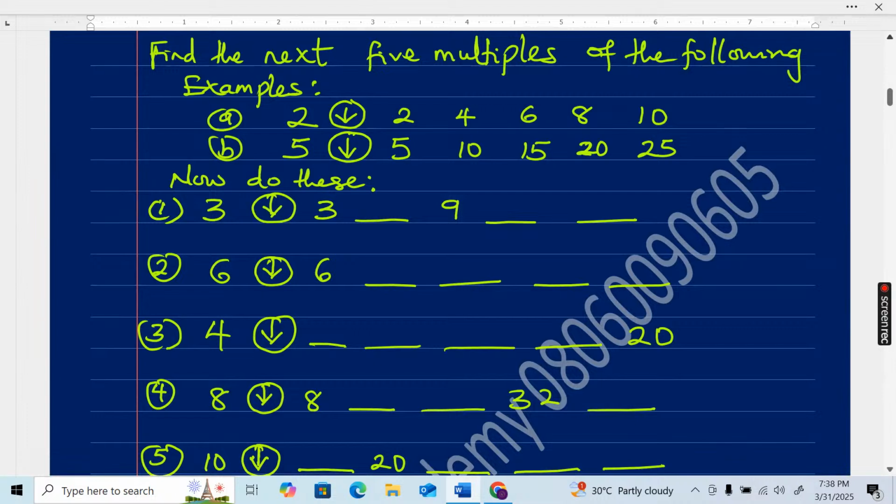So just study the sample and think about how it was done. All right? Handwriting is clear.